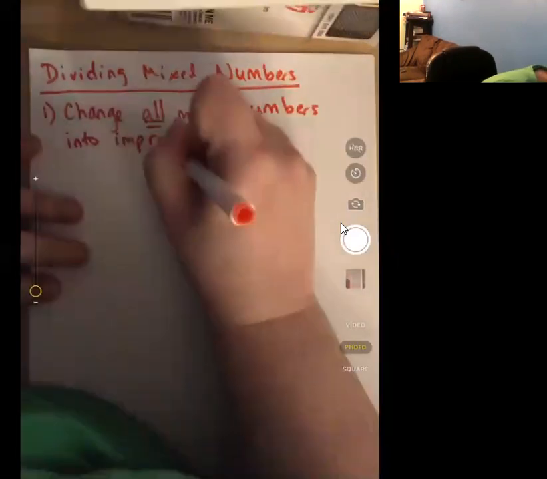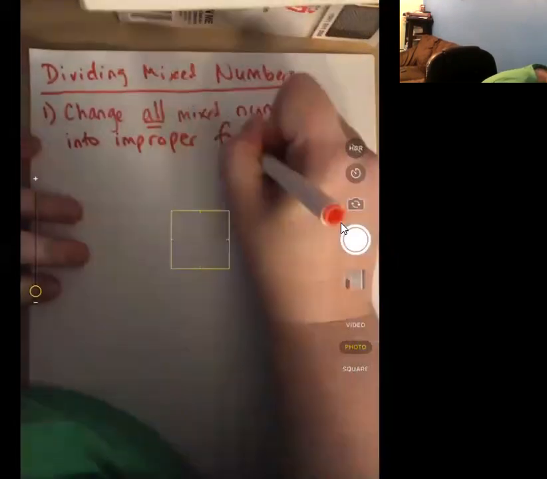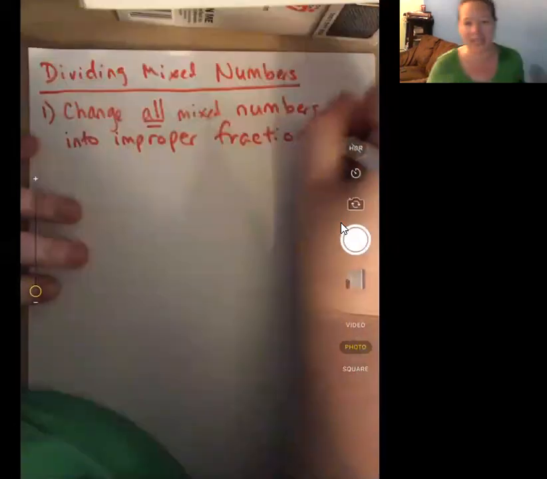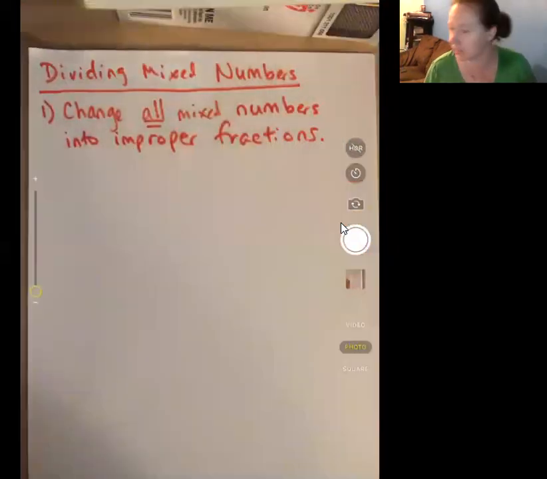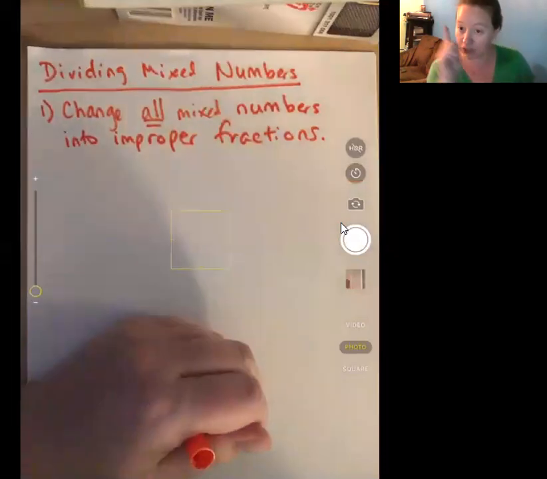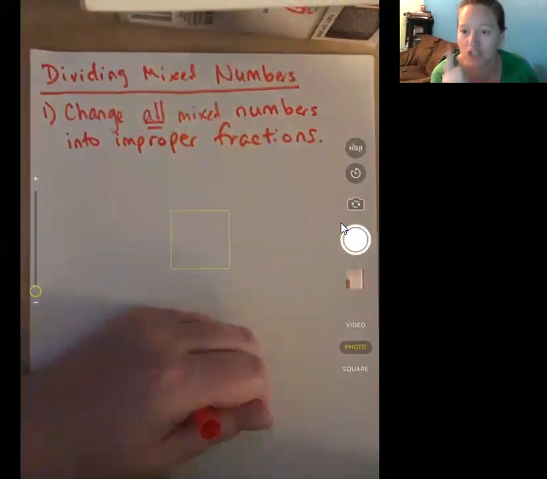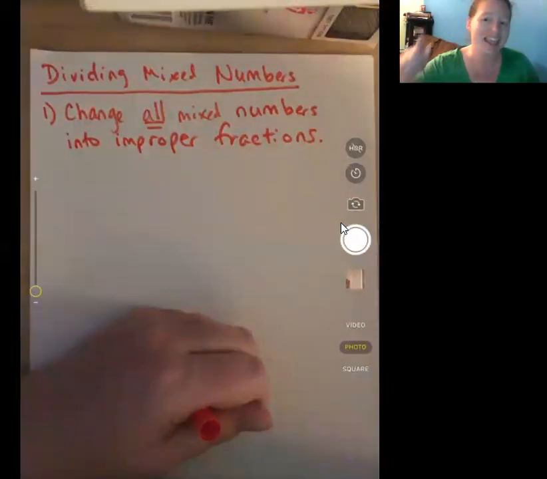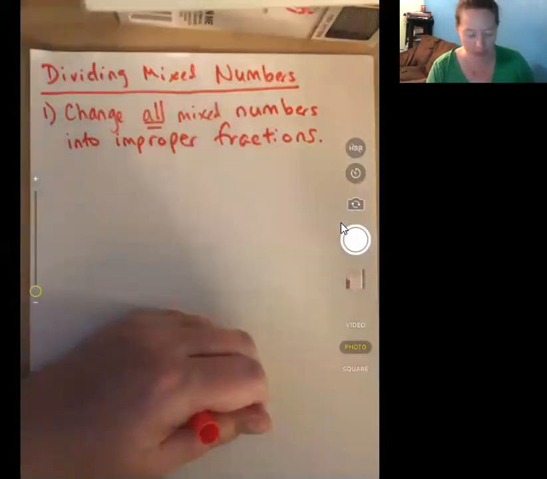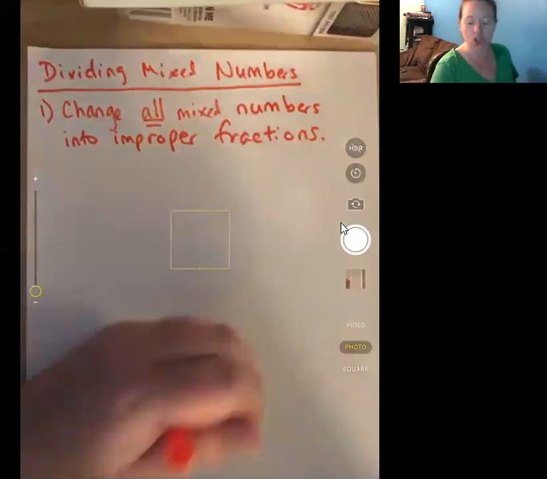Now you will note, I don't say start with flipping things. We do not start with flipping things. If you have a mixed number, you have to change it to an improper fraction first. Then we flip things.